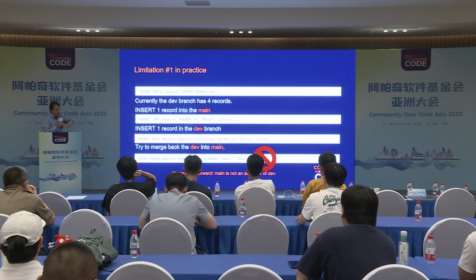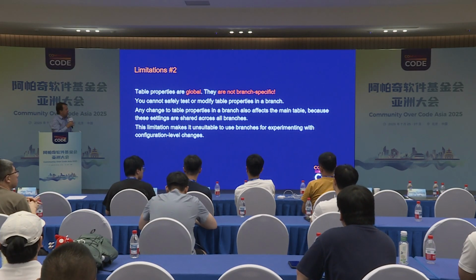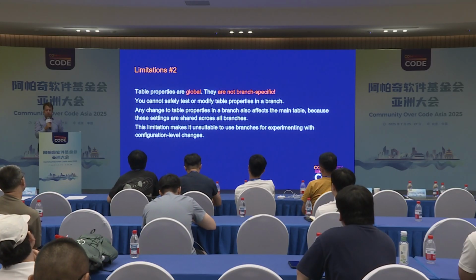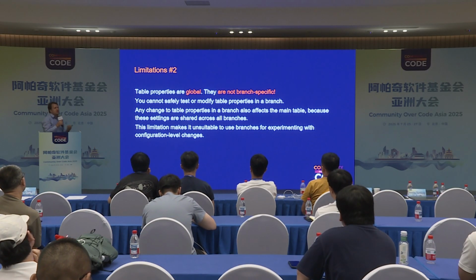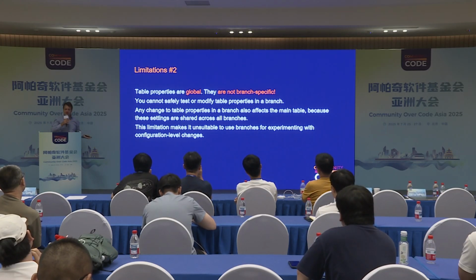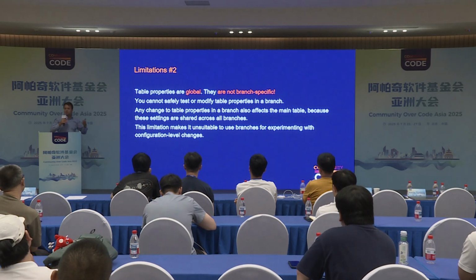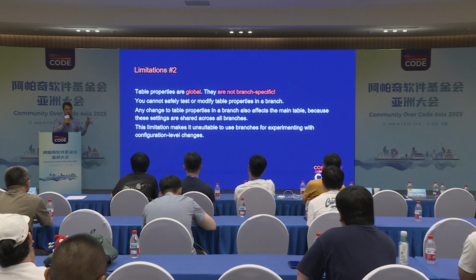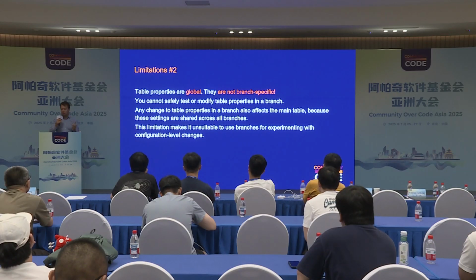And the second part of this limitation is about the table properties. You can say, okay, in the dev branch I can play with so many things. I can update, I can delete, I can do whatever I want on the data files, it is possible. But there is an exception. You are not able to change the table properties, because the table properties are global.